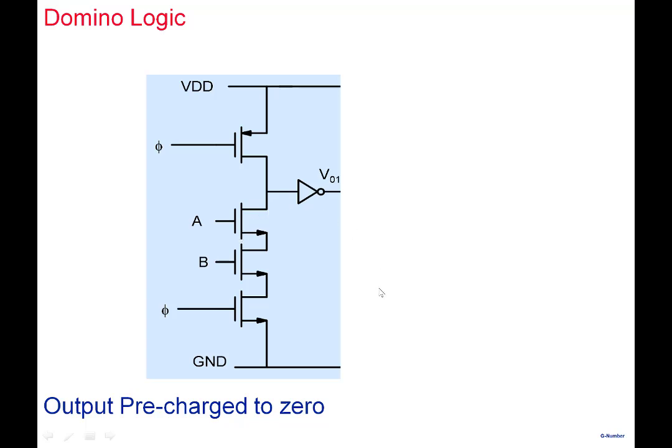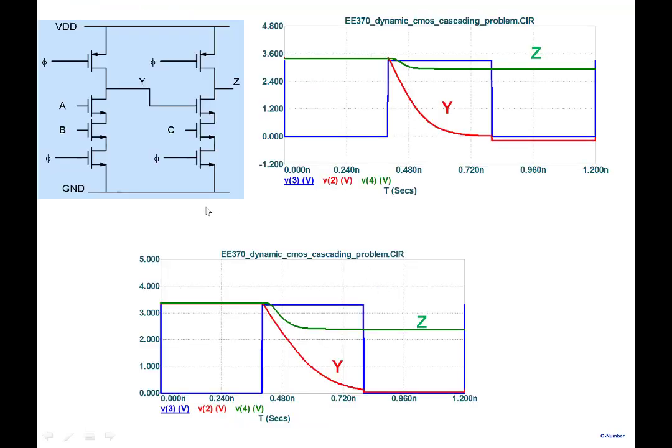Now, how does an inverter solve the problem? Look at this one. Why is it causing an error? Because this node was charged to 1, and then the correct value is 0, right? But note that a high input to an NMOS transistor is an enabling input. It turns it on.